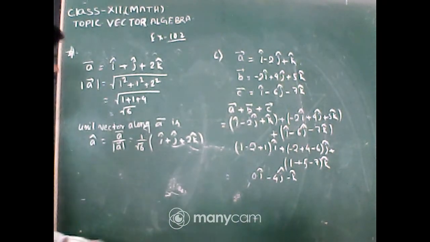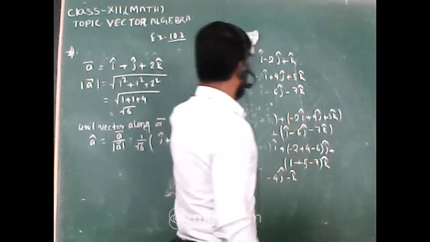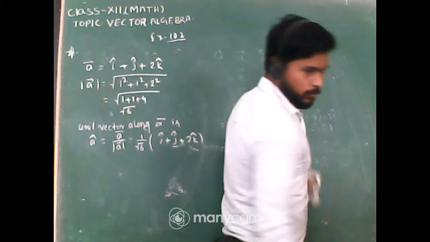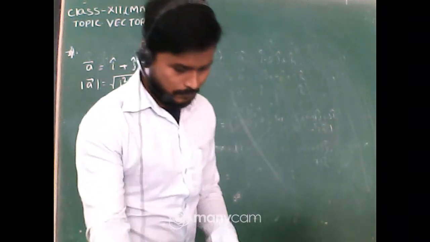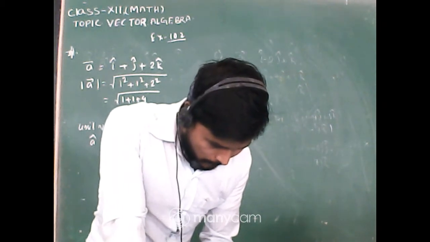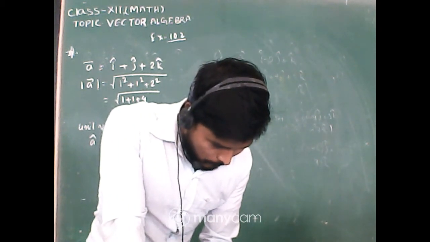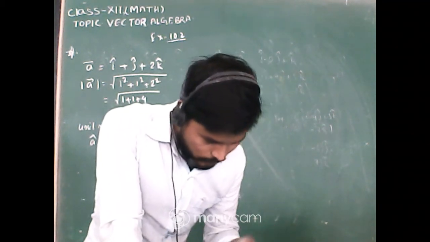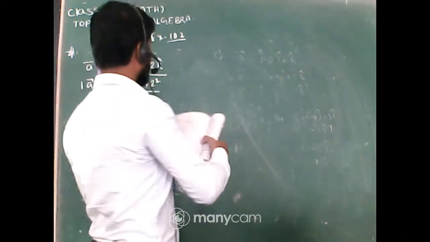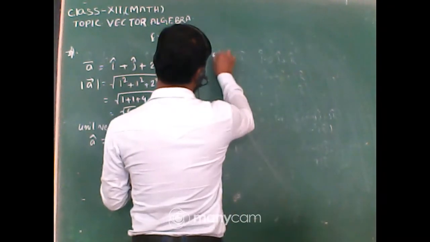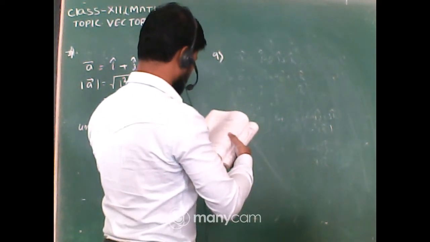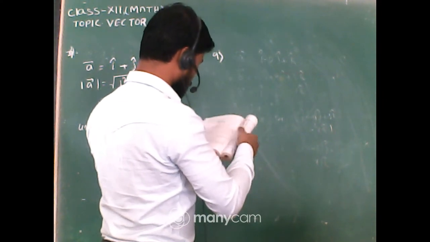Hope you understood. Now let's solve one more question. Okay, this is the last question for today. I am doing question number 9 now. Two vectors A and B are given.